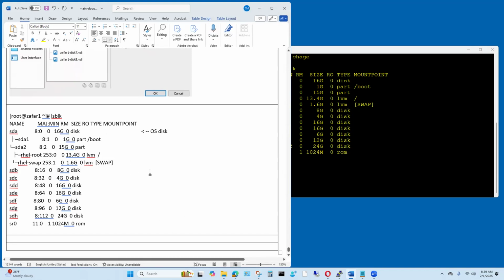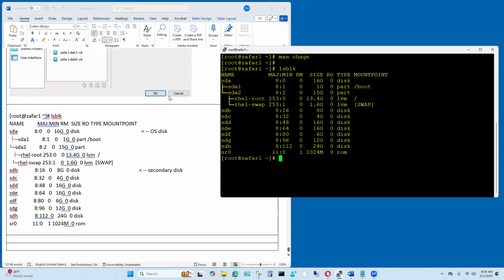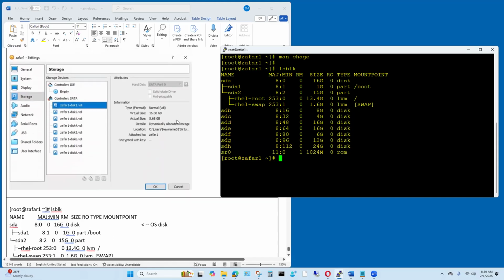The other ones are called secondary disks. How many secondary disks do I have? I have 7 secondary disks. You need to have at least one OS disk, and you could have as many disks as you want.